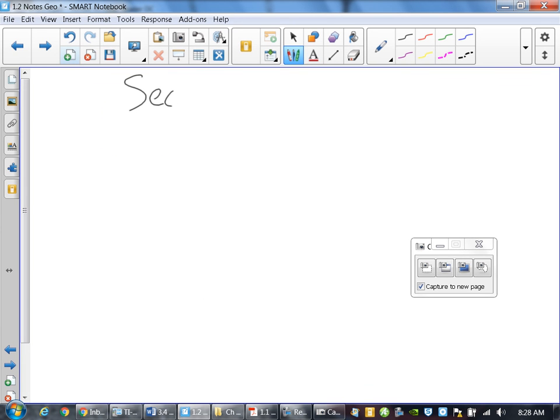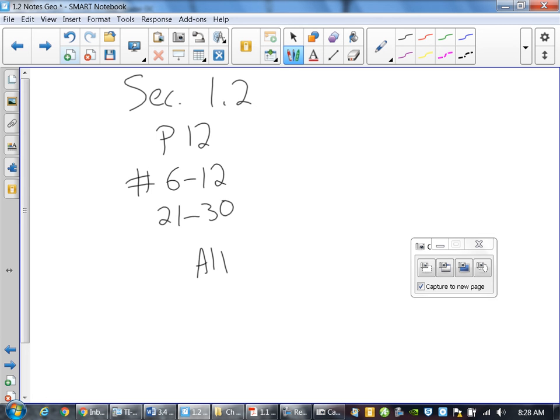This is section 1.2. It's on page 12. It's kind of convenient.